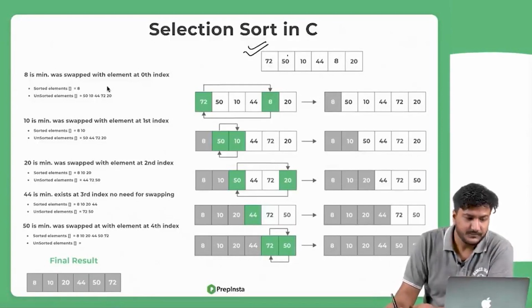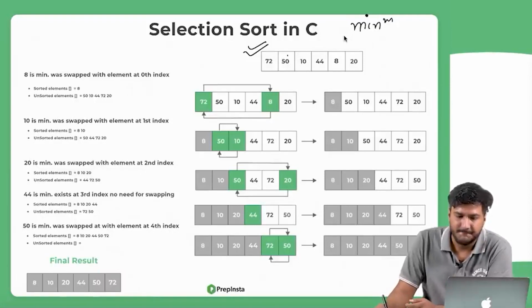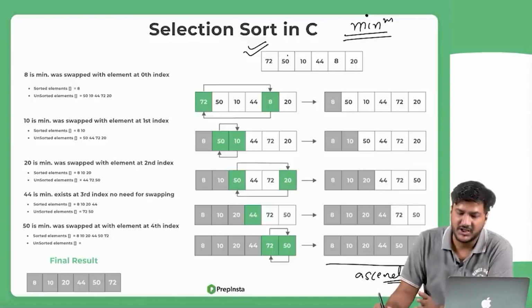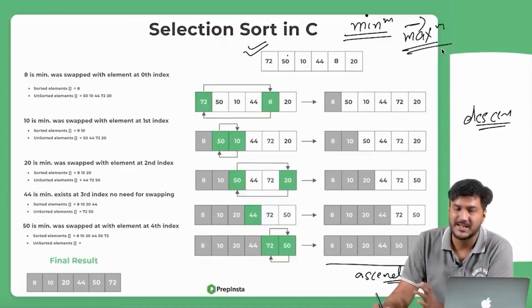In selection sort, let's say we have to find the minimum value and sort the array in ascending order. In our question, it is in descending order, so whatever we are doing here, we'll do a little opposite. Instead of the minimum, we would be finding the maximum. That's exactly what is happening in the question.